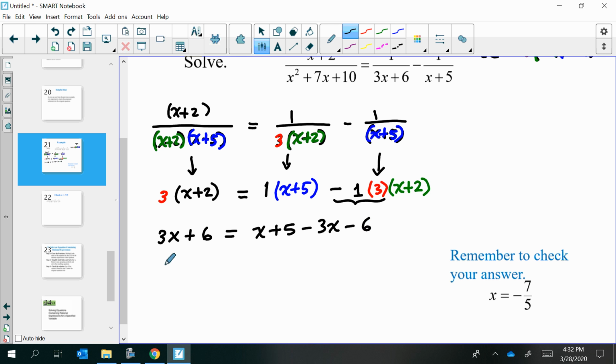Then combine like terms on each side of the equal sign so that the x and the negative 3x become negative 2x, and the 5 and the negative 6 become negative 1.